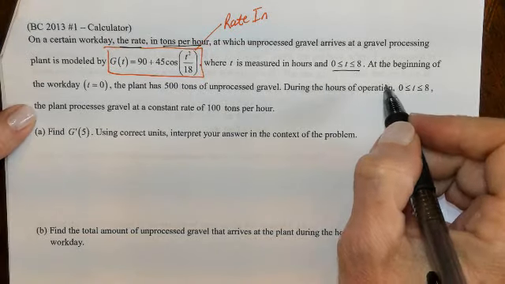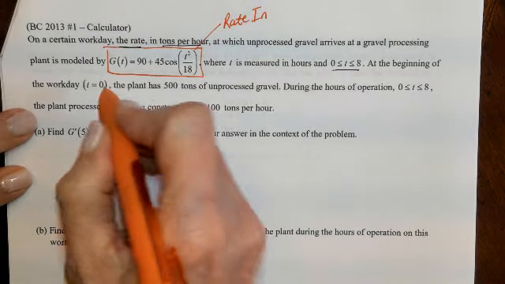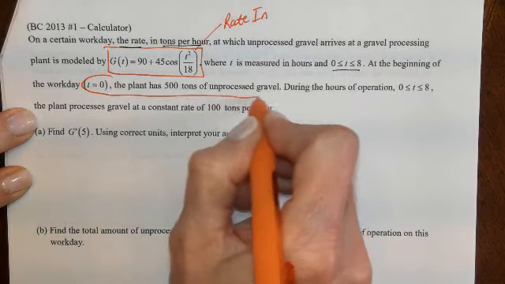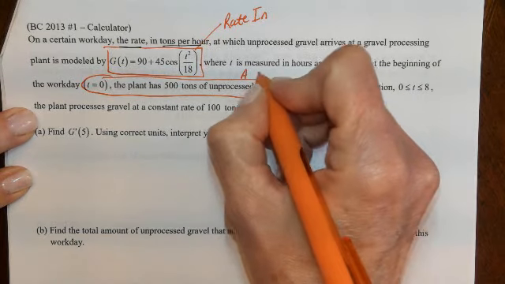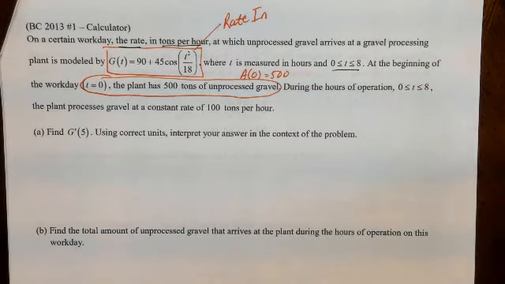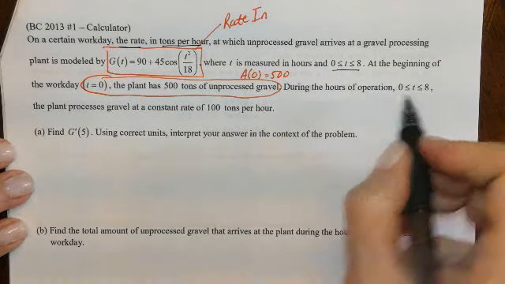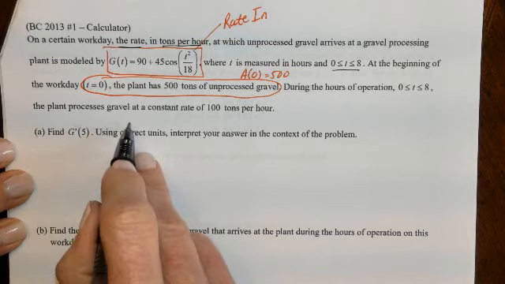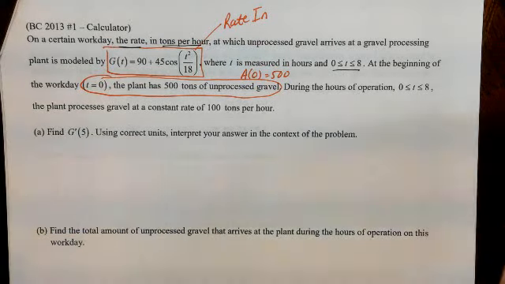At the beginning of the workday, the plant has 500 tons of unprocessed gravel. They're giving me an initial condition. The amount of gravel at time 0 is 500, initial condition. During the hours of operation from 0 to 8, the plant processes gravel at a constant rate of 100 tons per hour.